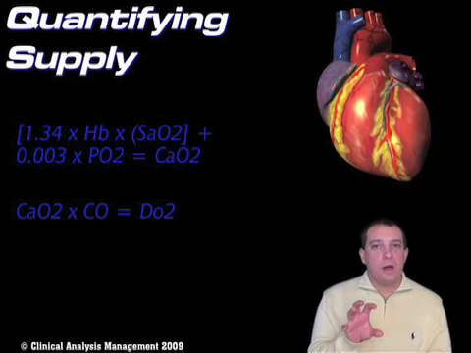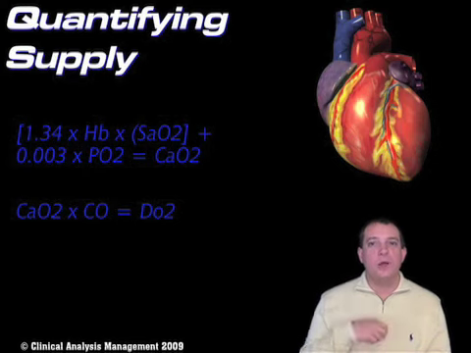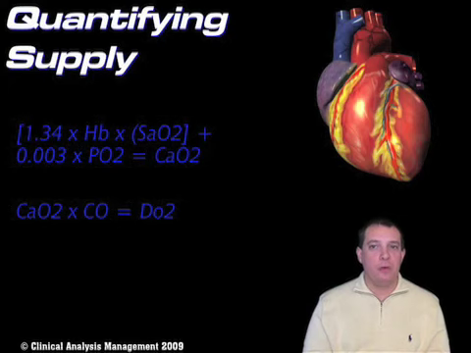Now we know how much oxygen is in the arterial system. If we want to know how much they're delivering in a minute, then all we do is we take that CaO2 and we multiply that times their cardiac output. So CaO2 times the cardiac output gives us a number called the DO2. And the DO2 is the amount of oxygen that's delivered in a minute.